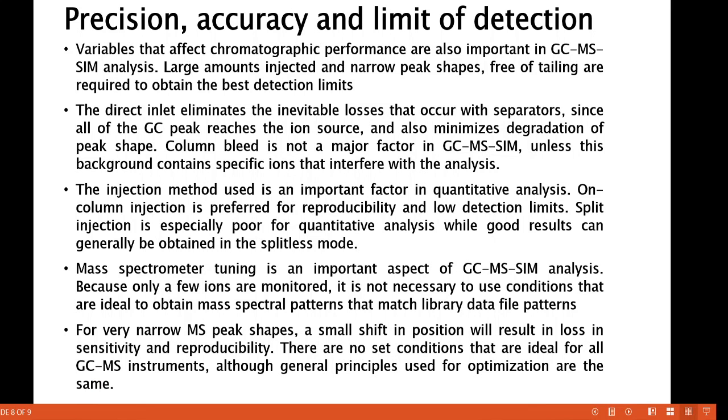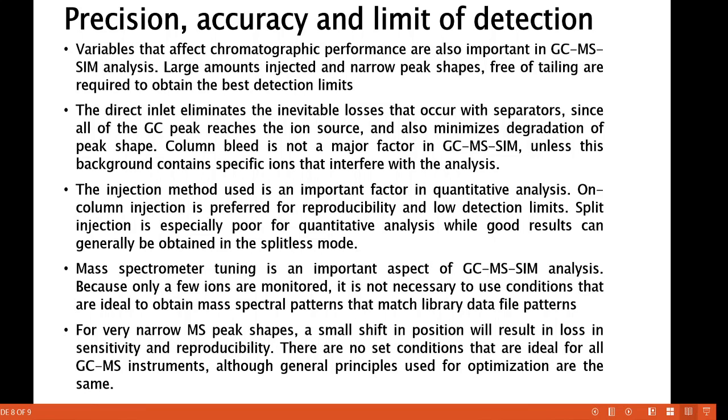Then the last point of this lecture is precision, accuracy and limit of detection. The variables that affect the chromatographic performance are also important in GC-MS SIM analysis. The large amounts injected and narrow peak shapes free of tailing are required to obtain the best detection limits.